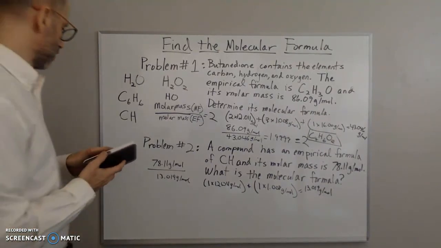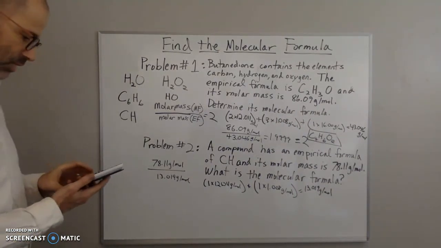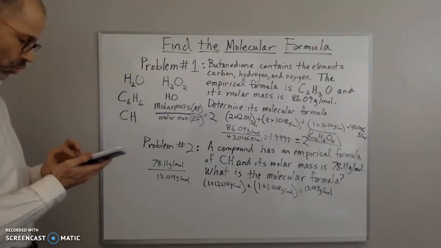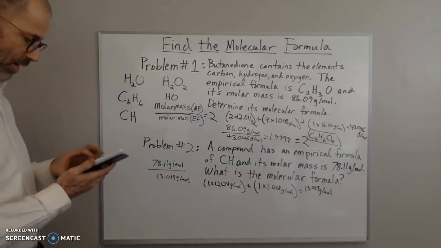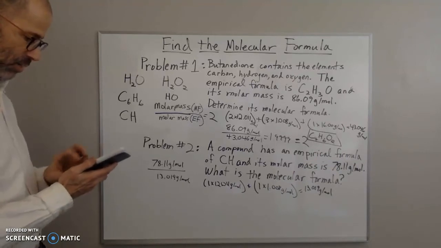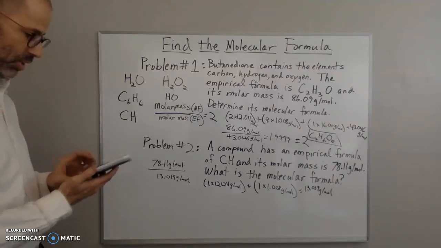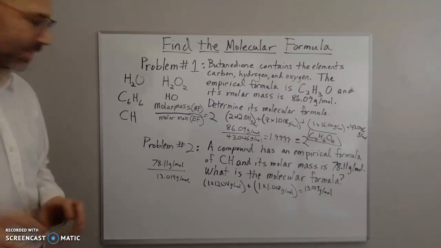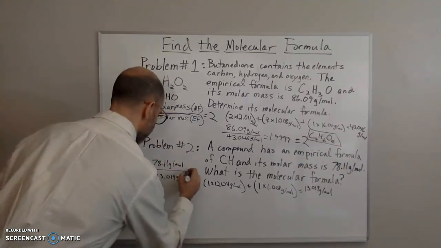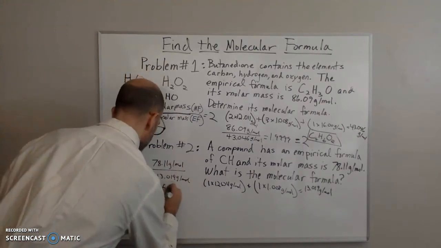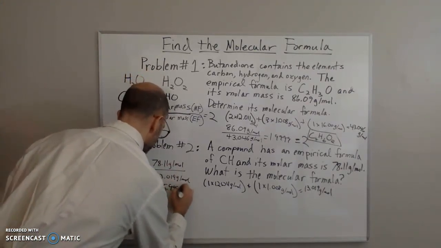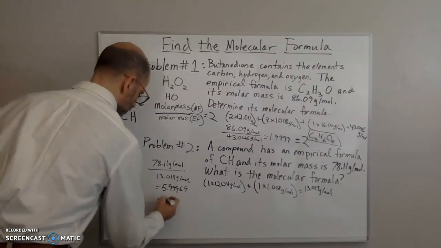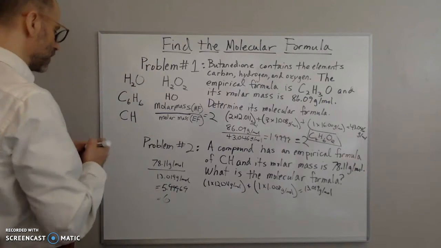It looks like it's going to come out to be about 6, but let's find out. 78.11 divided by that number equals 5.99969, which is really close to 6. So we can round to 6. The factor is 6.